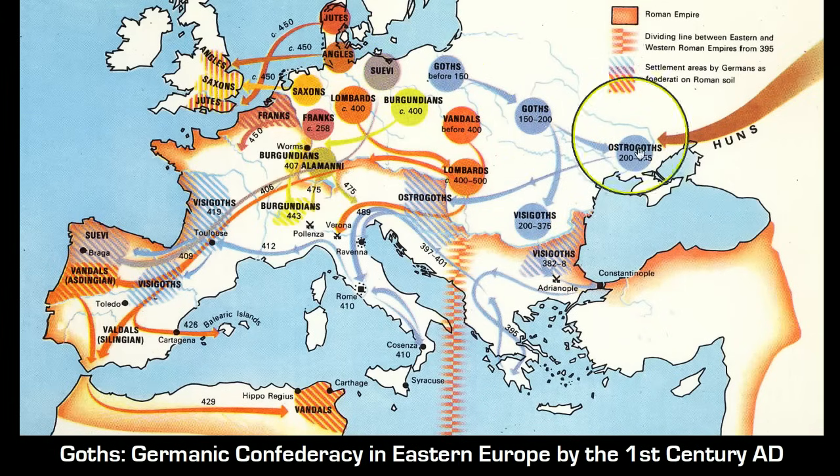They've been living here, and they're splitting into Eastern Goth and Western Goth, which is to say Ostrogoth and Visigoth. They are pressured and go into the territory of the empire, as do other confederations that we're maybe familiar with.